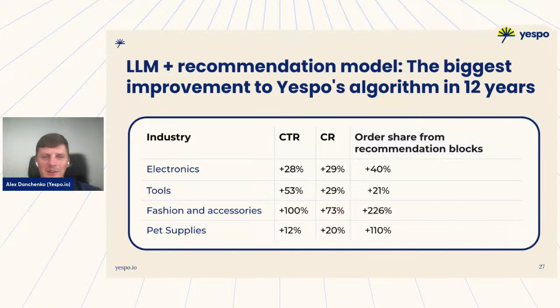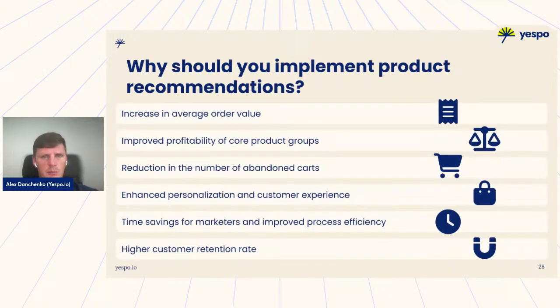So for different industries, you can see we have very good results, and especially good results we have for fashion and accessories. But even for, I don't know, electronics, which has lower item rotation speed, it still gives great results, totally worth trying. And like I said, for fashion, for pet supplies, for tools, it's a must-have solution.